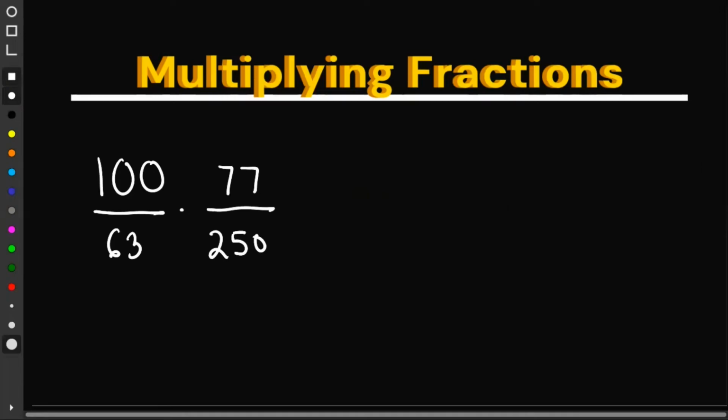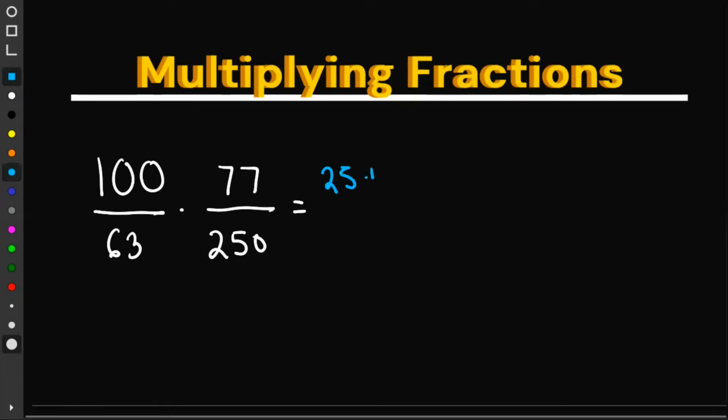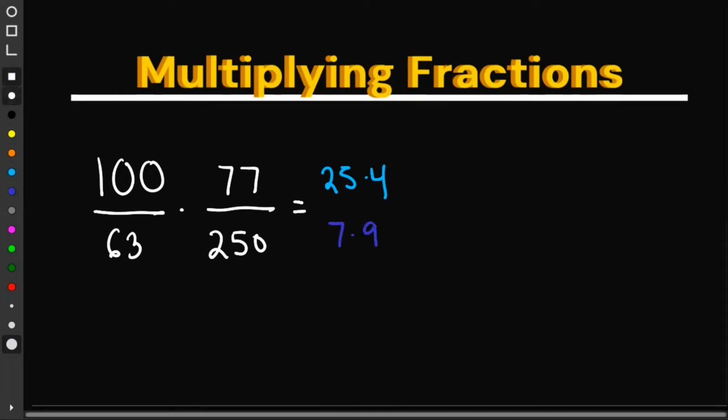So first, we can observe that 100 is equal to 25 times 4, 63 is equal to 7 times 9, 77 is equal to 7 times 11, and 250 is equal to 25 times 10.